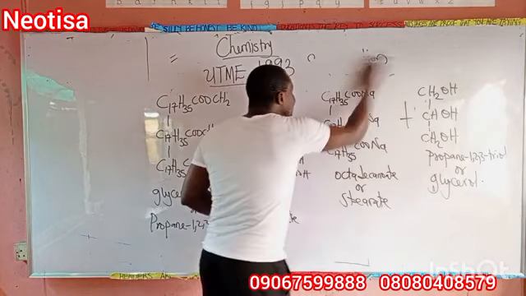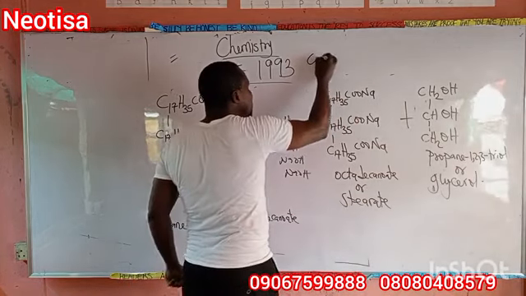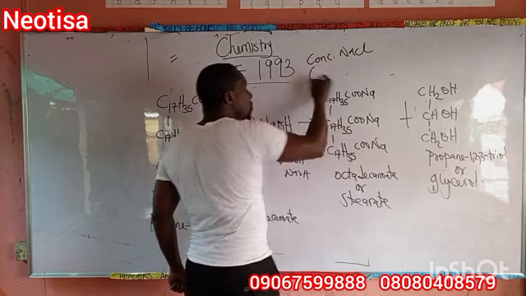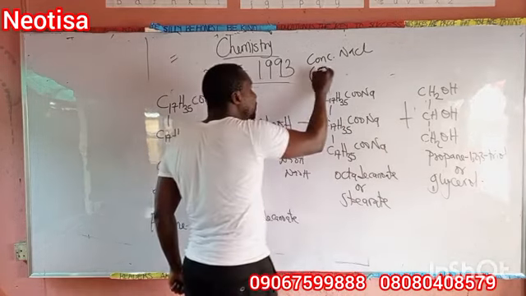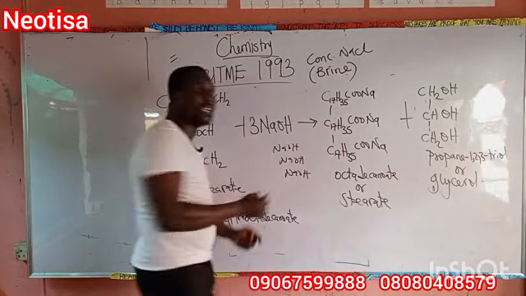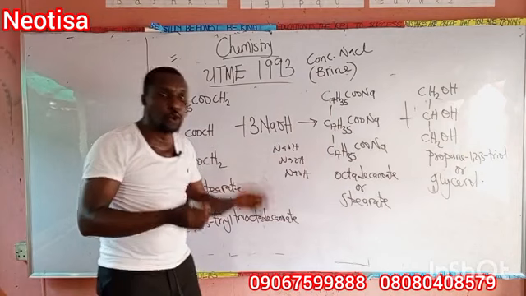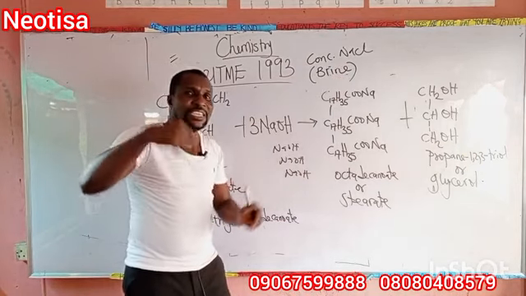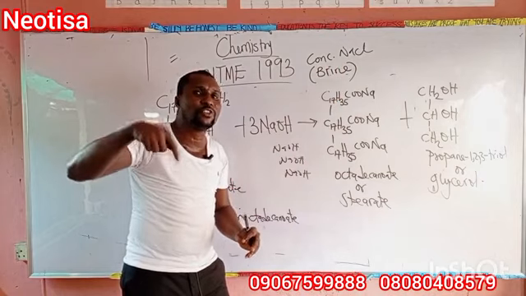Another name for concentrated sodium chloride is brine. When concentrated sodium chloride is added to soap, its function is to reduce the solubility of the soap.